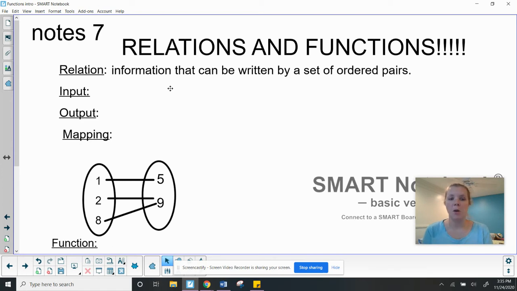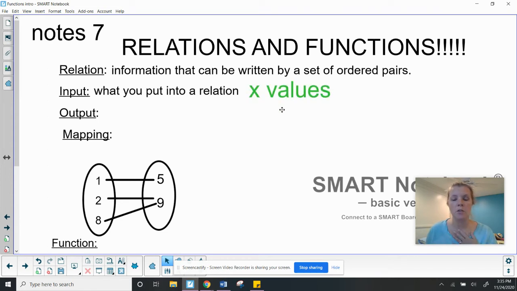And then there's special parts about relations. The input is what you put into the relation. So the relation could be ordered pairs, it could be a table, it could be an equation, but an input is the number you put in. And inputs have other names as well. So when I say input, I can also mean the x values in the ordered pair.